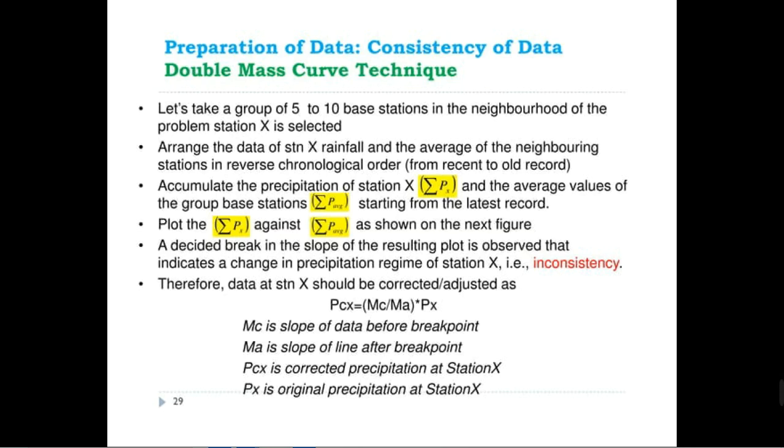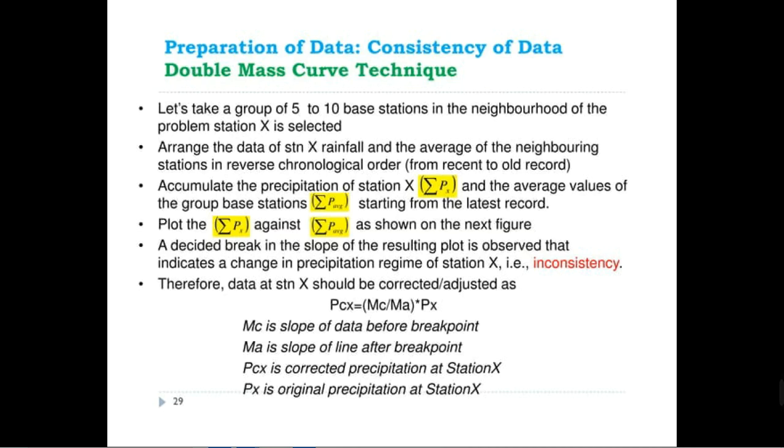For the consistency of precipitation data, double mass curve techniques take a group of 5 to 10 base stations in the neighborhood of the problem station X. Arrange the data of station X rainfall and the average of the neighboring stations in reverse chronological order, from recent to old record.